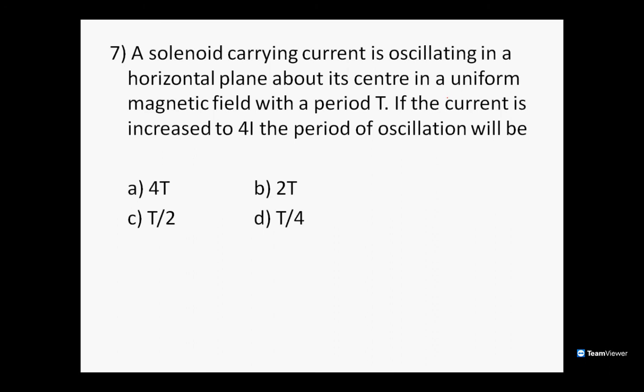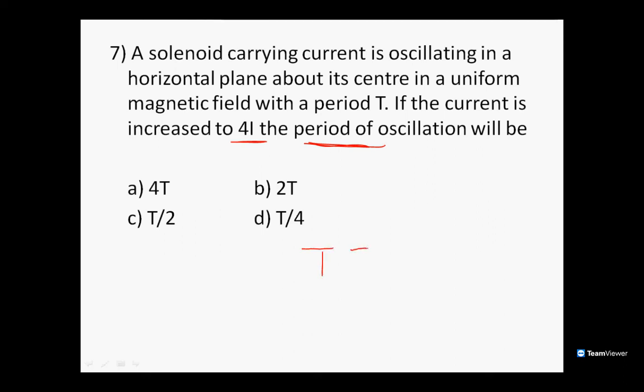7th question. A solenoid carrying current is oscillating in a horizontal plane about its center in a uniform magnetic field with a period T. If the current is increased to 4I, then the period of oscillation? Students, this question basically belongs to vibration magnetometer.